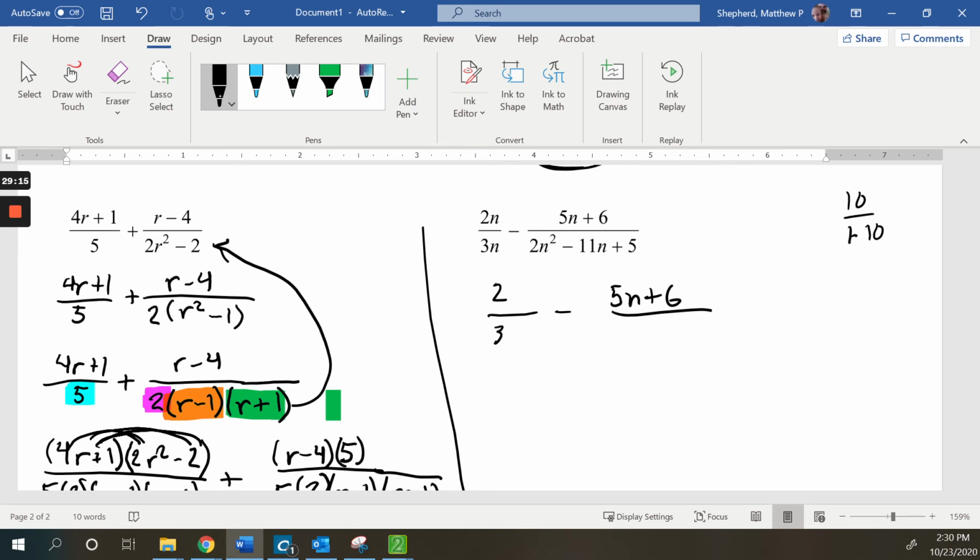Okay, so we are now going to factor our denominator using grouping. So I'm going to do that over here on the right. So I'm going to write 2n squared. To create a minus 11, it would be a minus 1n, minus 10n, and then the plus 5. And now let's go ahead, take out an n from the first two, and that would leave us with n minus 1. We'll take out a negative 5.